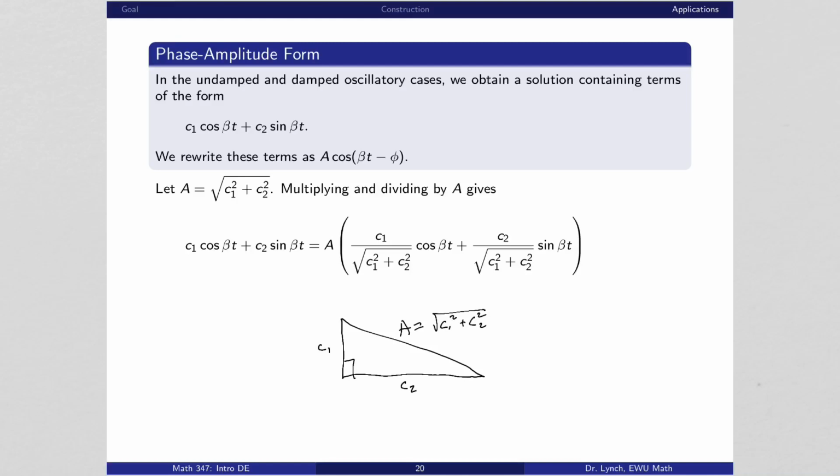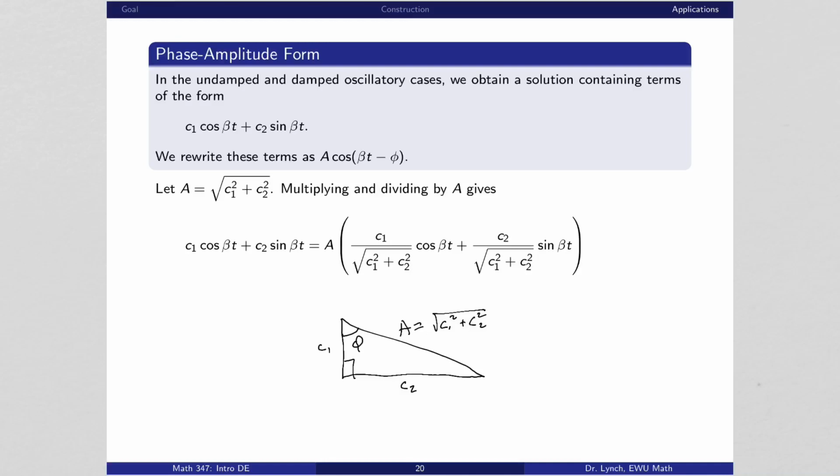So if you stare at this triangle long enough, which I encourage you to do, go ahead and just press pause now, you'll find that the coefficient of the cosine term looks like adjacent over hypotenuse, or another cosine, and the coefficient of the sine term looks like opposite over hypotenuse, or another sine, as long as you identify the angle phi correctly.